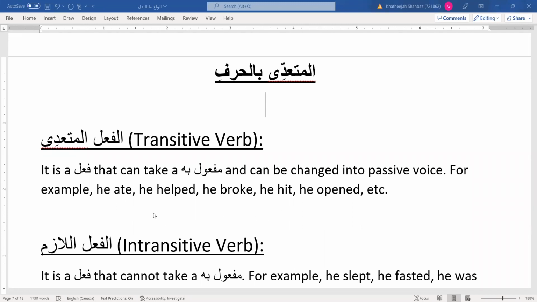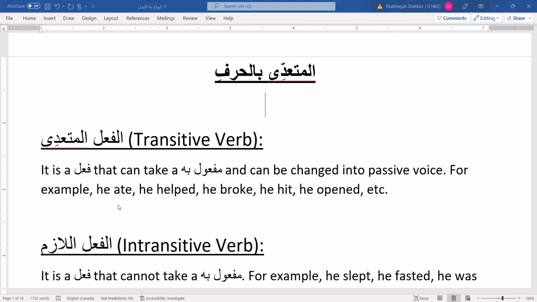Once we go over examples, inshallah, it will be more clear. For example, you say, he ate. You can ask the question, he ate what? And then you can say, he ate ice cream. So ice cream is what? Maf'ul bihi.